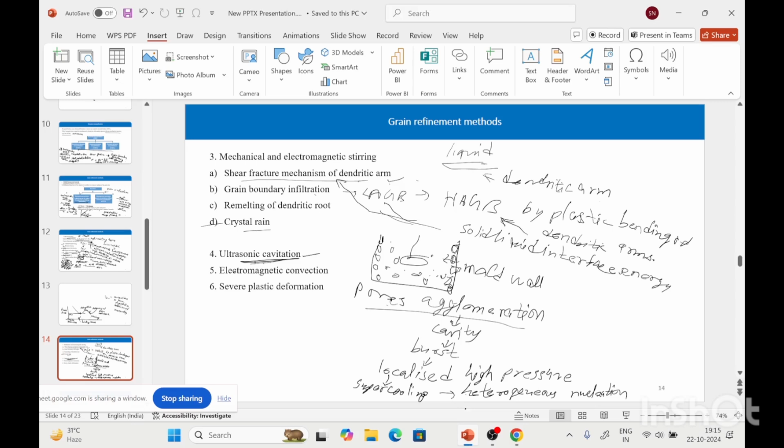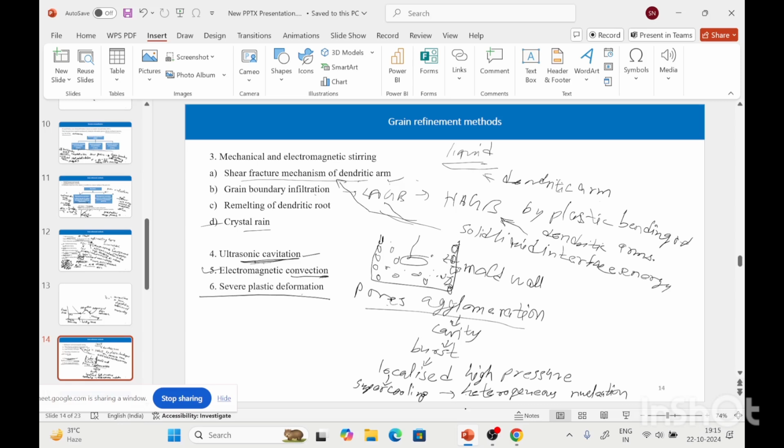Next is the electromagnetic convection, in which the electromagnetic field is applied in the liquid metal, so that will affect the nucleation process, same as the mechanical stirring process. And last is the severe plastic deformation.